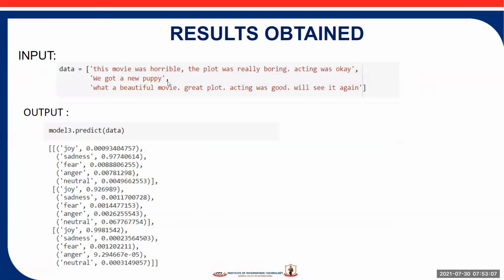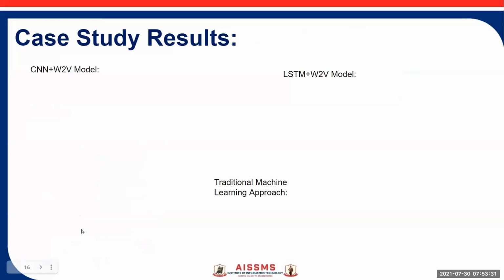In this sentence, the emotion has not been explicitly specified, but the model did predict that the emotion attached to it was joy. Then the third one, "What a beautiful movie." The model predicted that the user is feeling joy in this case.